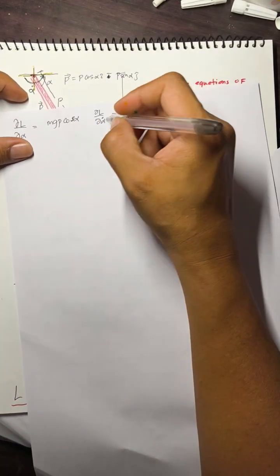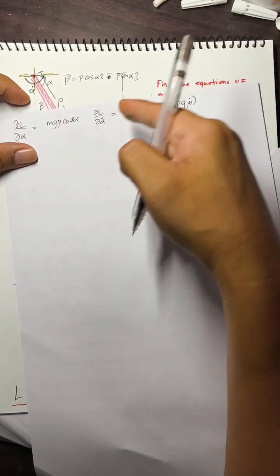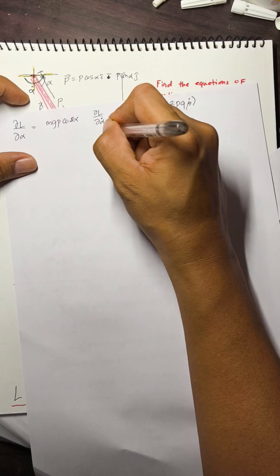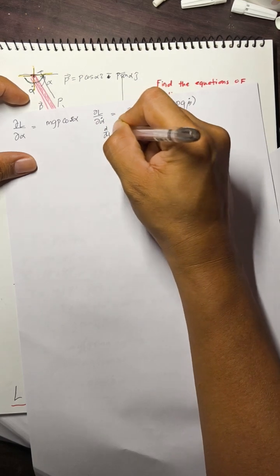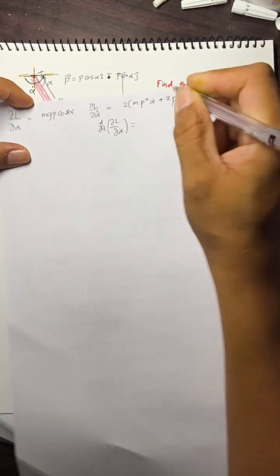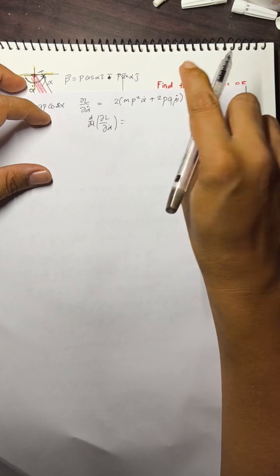And of course, taking the derivative of this, d over dt of partial L over partial alpha dot, would give us 2m p squared alpha double dot plus 2pq.